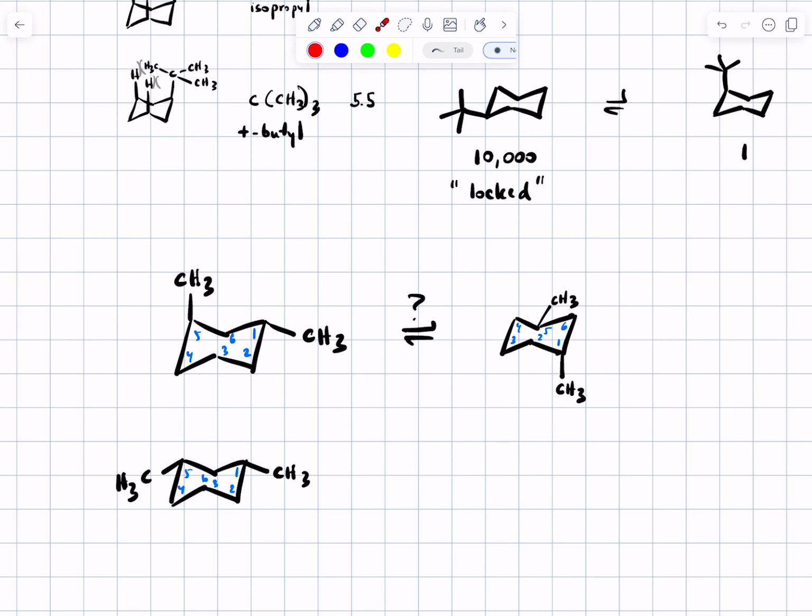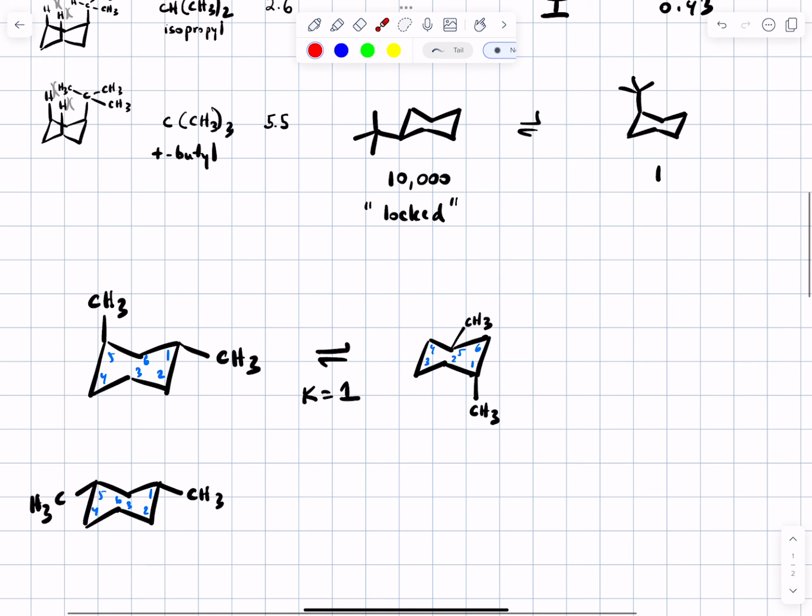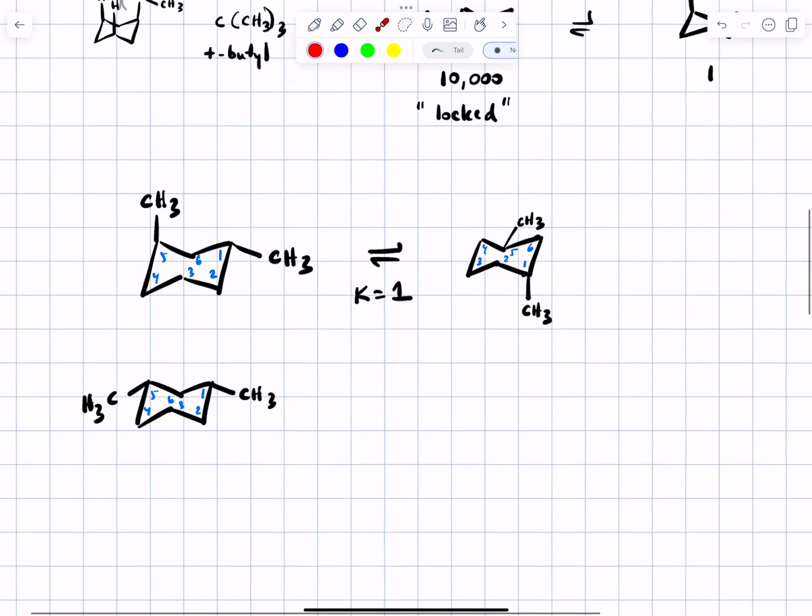So yeah, you would say the equilibrium constant here is close to 1 or exactly 1. Both of those are equally stable chairs. And you can do this simply by comparing A values. The A value tells you how much less favorable it is to have a group that's axial versus equatorial. Methyl group axial here, methyl group axial there, no problem.